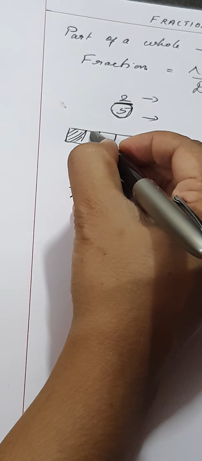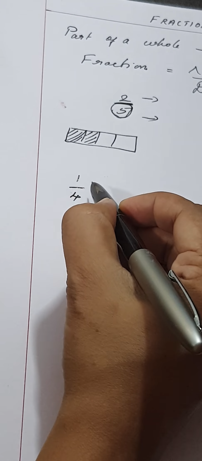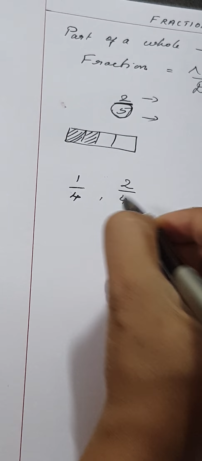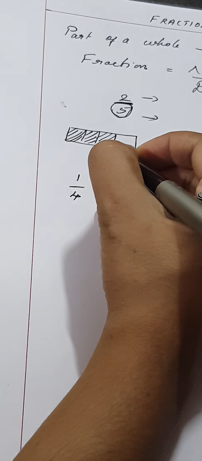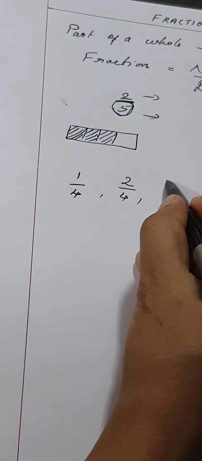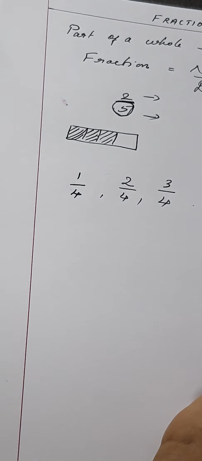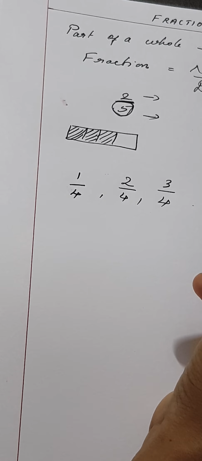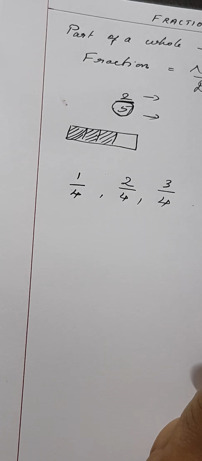If we shaded two portions, what will be the fraction now? It became 2 by 4. And if we shaded three portions, so 3 by 4. Like that we can express fractions.